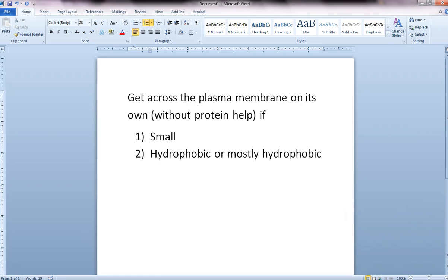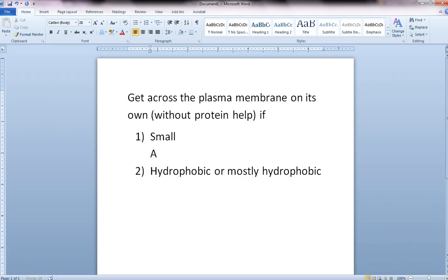These are the true rules. You have to have both of these, small and hydrophobic. If both of these aren't true, you can't get across.